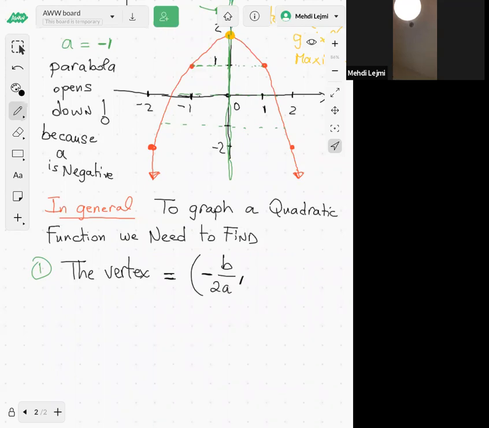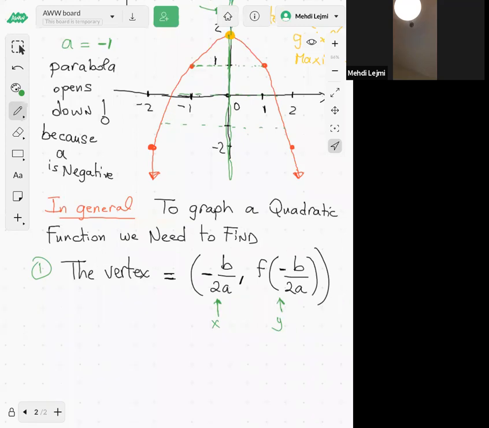Okay, and the y is just f of minus b over 2a. So the x coordinate of the vertex is always minus b over 2a, and the y is of course f of this minus b over 2a. Okay, so that's the formula for the vertex.